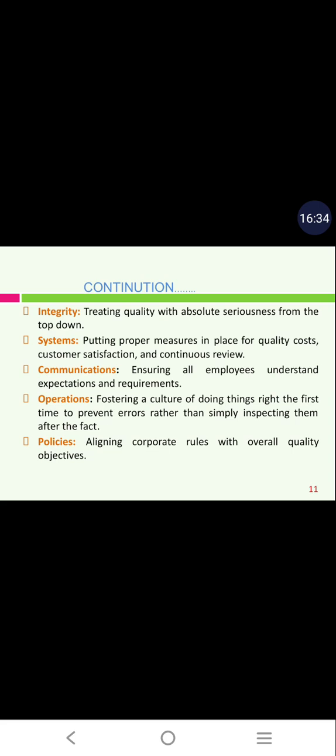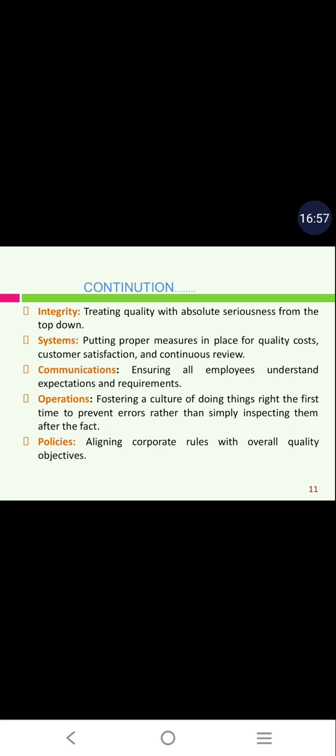So integrity is nothing but integrating all the departments from top level to bottom level to improve the quality process. Everybody has to take it seriously and work towards the improvement of the quality process.